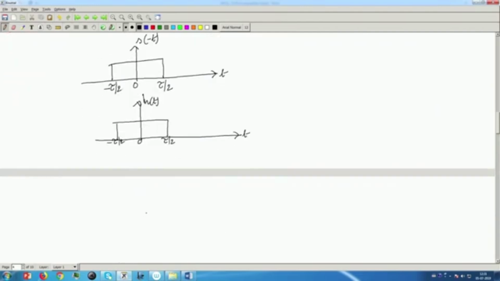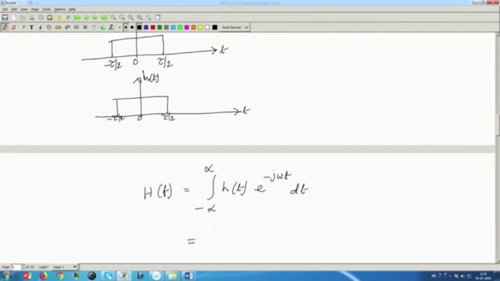I will now have to find H(f). So, H(f) is the Fourier transform, the integral of h(t) e to the power minus j omega t dt.